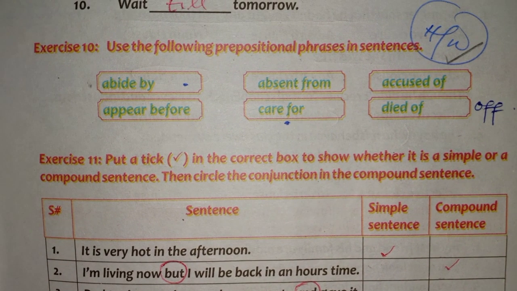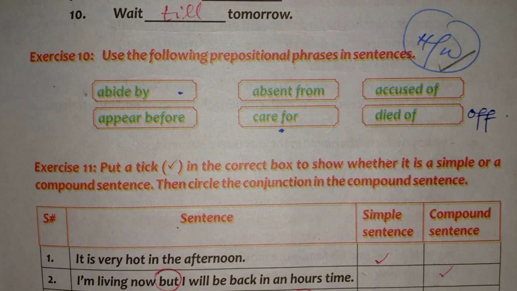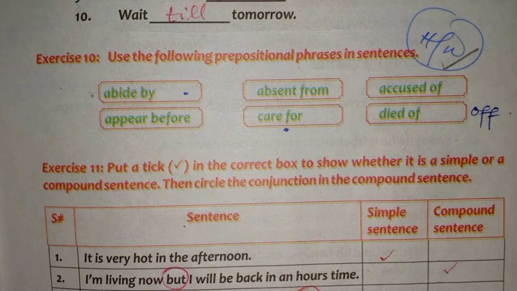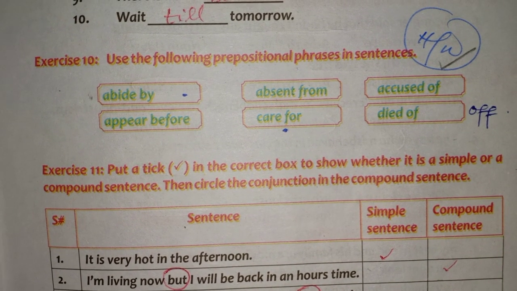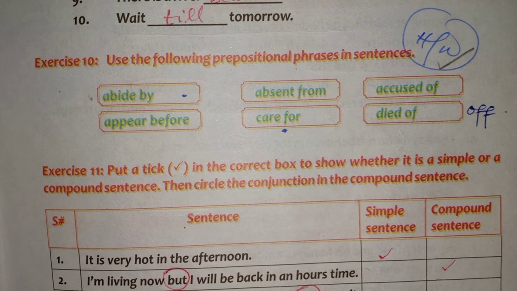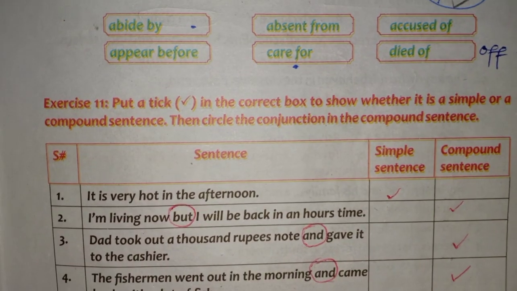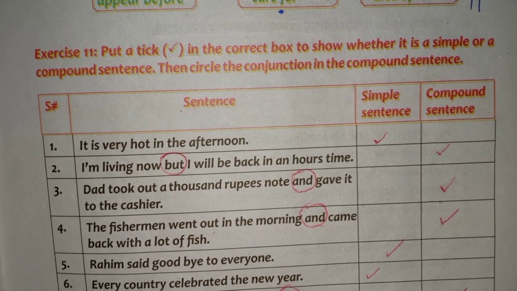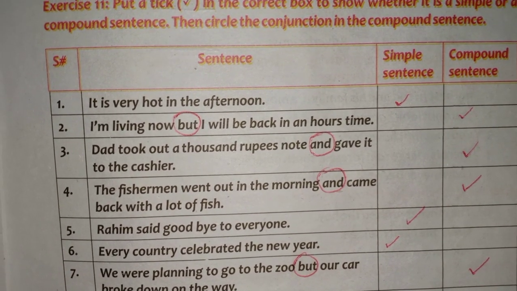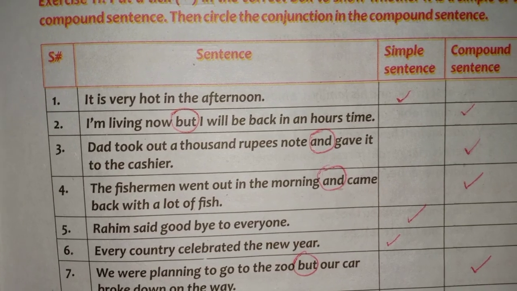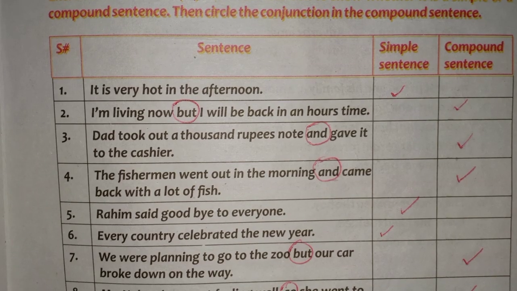You have to tick mark in the correct box whether the sentence given is simple or compound. And if the sentence is compound, then you have to encircle the conjunction in that sentence. We discussed these types of sentences in the previous lectures. You can switch to that again if you need more help. Clear? Then come towards the first one.